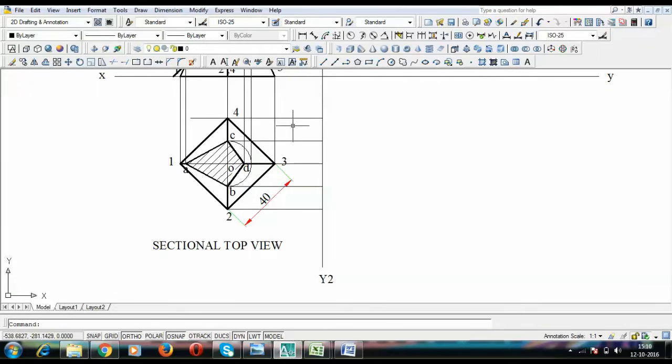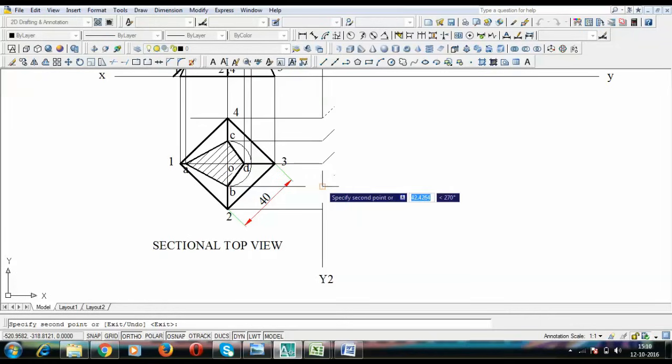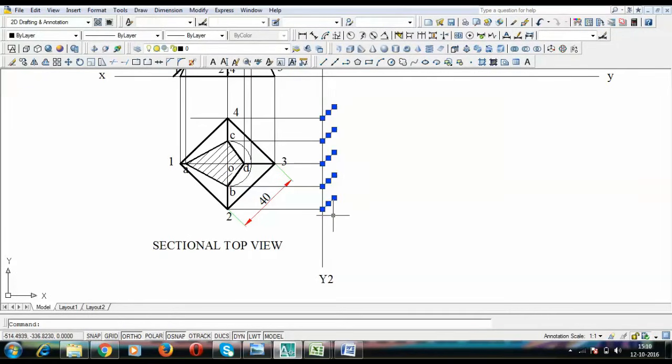Now I need to rotate this line by an angle of 45 degrees. So that can be done. Please watch it carefully. Now let us make more lines of this sort, and you can do so by turning your mini drafters by an angle of 45 degrees.